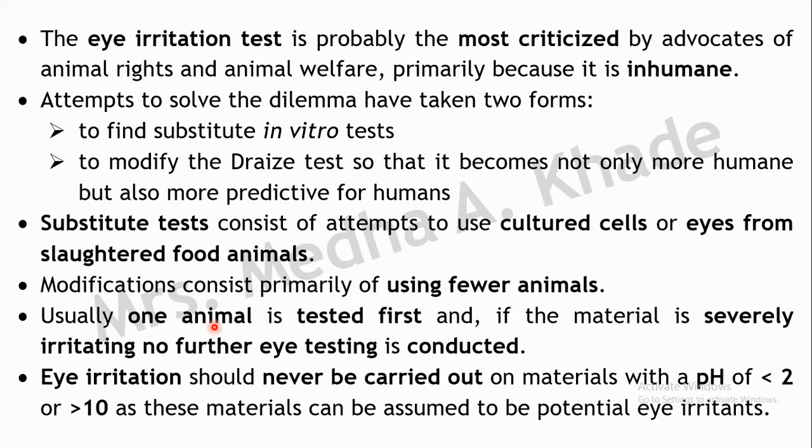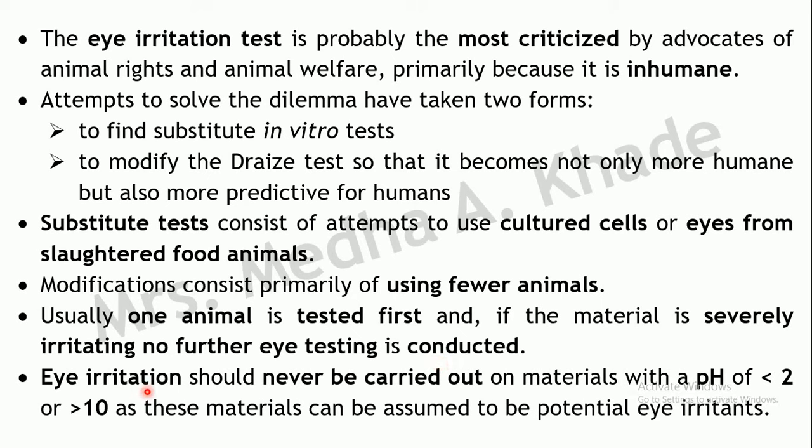When the first animal is tested for eye irritation, and if it is severely irritating or severely damaging to that particular animal, you should observe that animal first, and then no further eye testing is supposed to be conducted. You should immediately stop this testing to avoid damage to further animals.